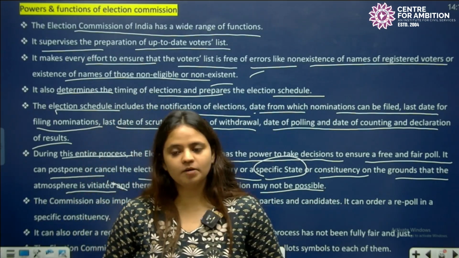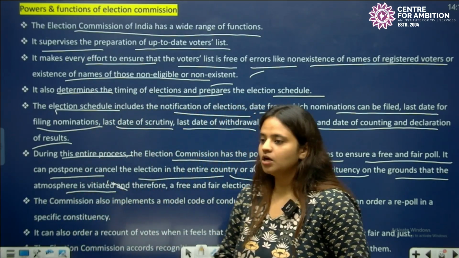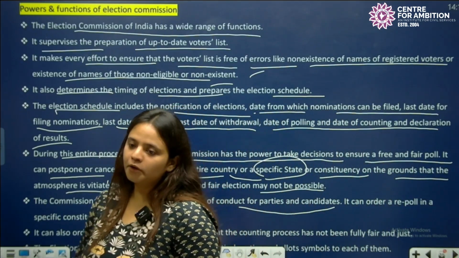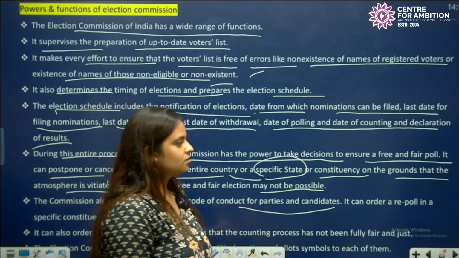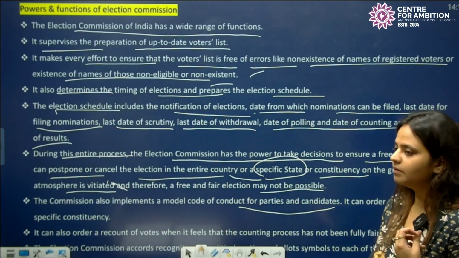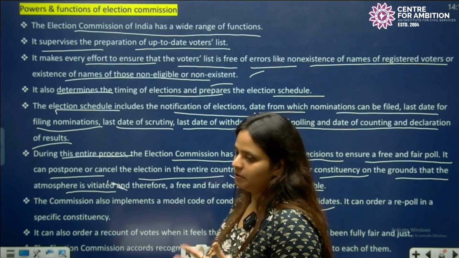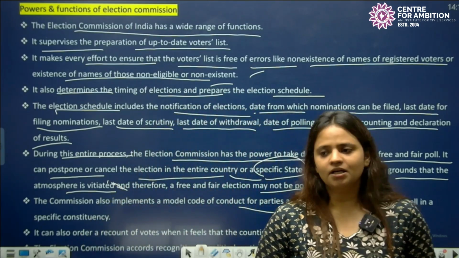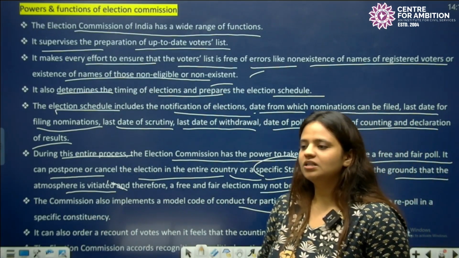The Commission also implements the model code of conduct for parties and candidates. Okay, and it can also order a repoll if it sees that the model code of conduct is not implemented as it should be, or if there is an infringement in the procedure of an election, in specific constituencies.